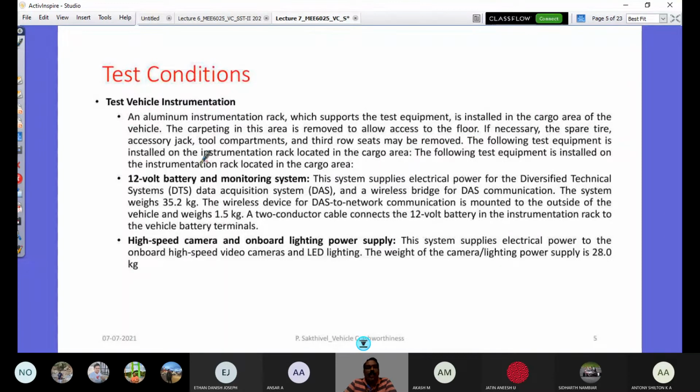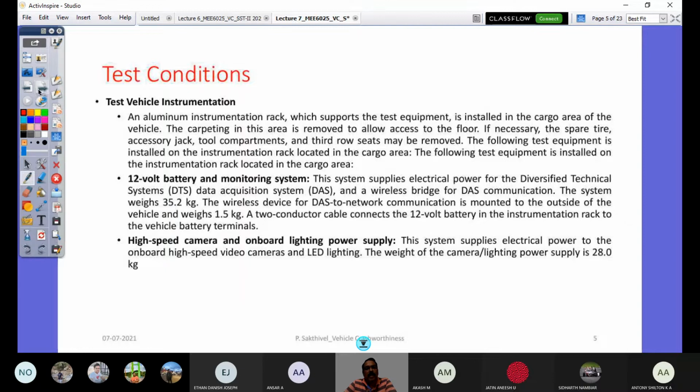The following test equipment is installed on the instrumentation rack located in the cargo area. Compared to the frontal test, there are some additional instruments in this side impact test: a 12-volt battery monitoring system, high-speed camera, onboard lighting, and power supply. Similar to the frontal test, these items are installed in the cargo area.